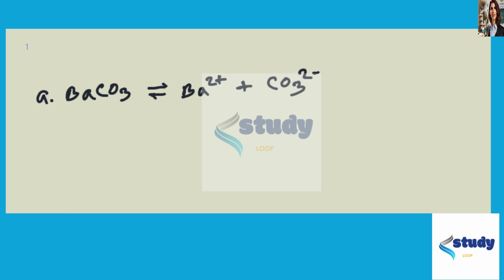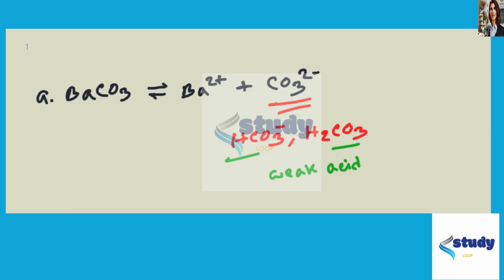This carbonate ion will react with acids to form HCO3 minus or H2CO3, and as you know, both of them are weak acids. That means, since they're weak acids, this barium carbonate will be more soluble in acidic solution.